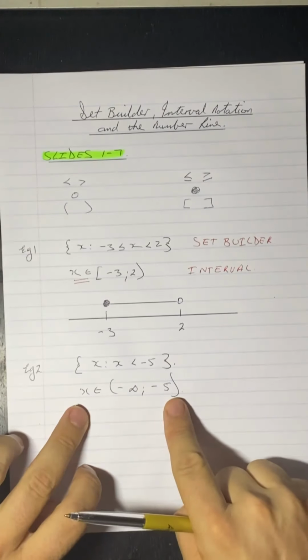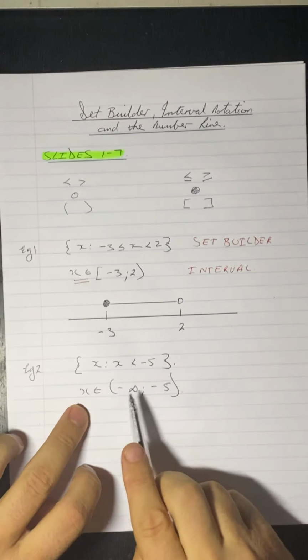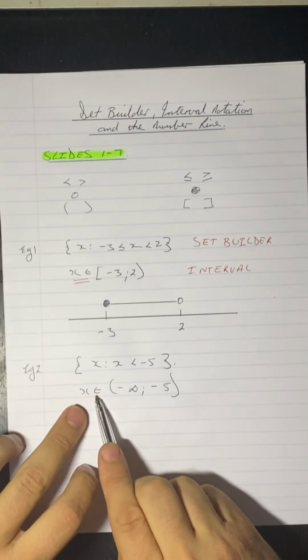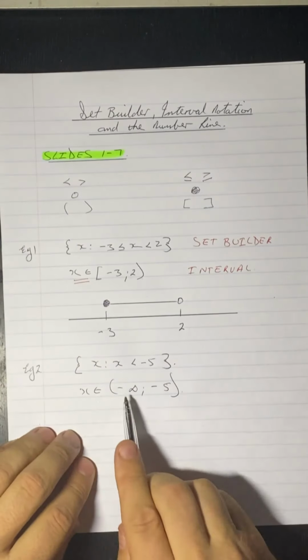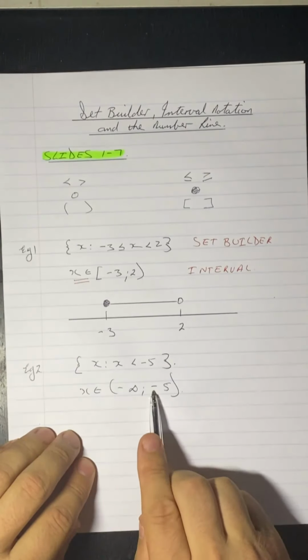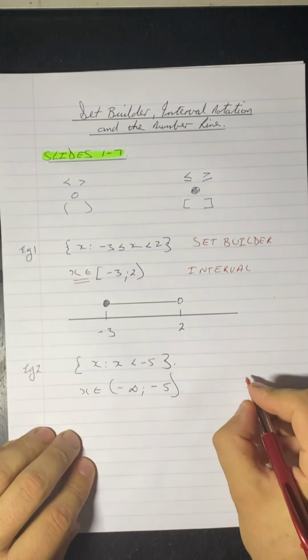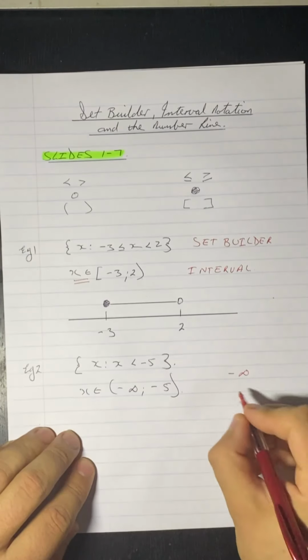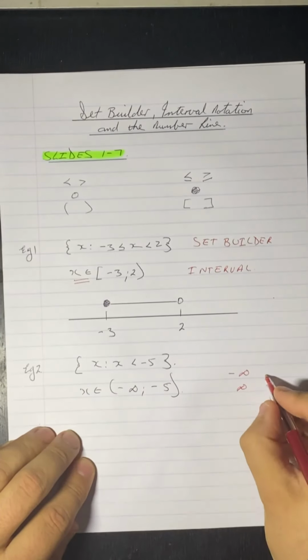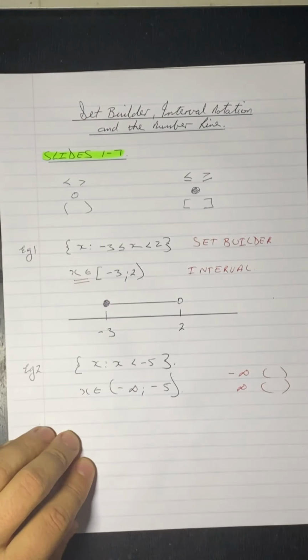I'm going to be working with the interval notation. It's just the easier one to work with. So what this is saying is that x must be an element, in other words, x must lie between -infinity and -5. Just on a side note, infinity will always get a round bracket, whether it is negative or positive infinity.